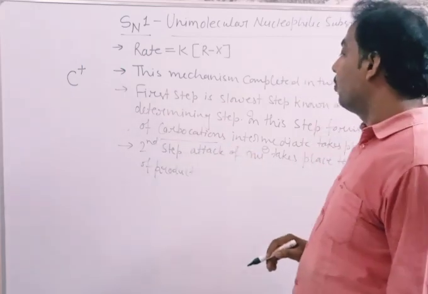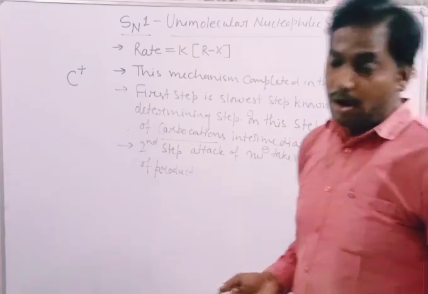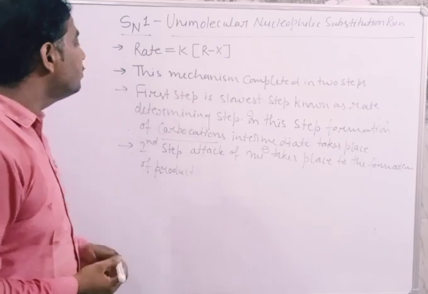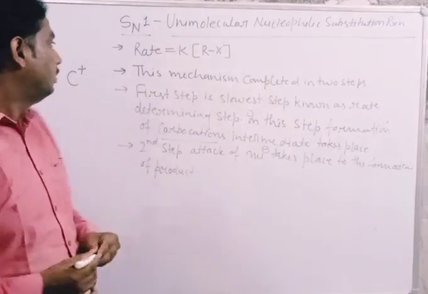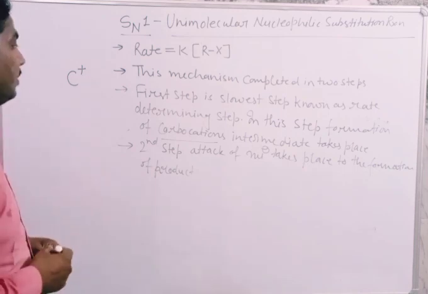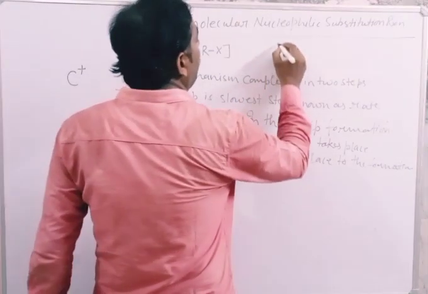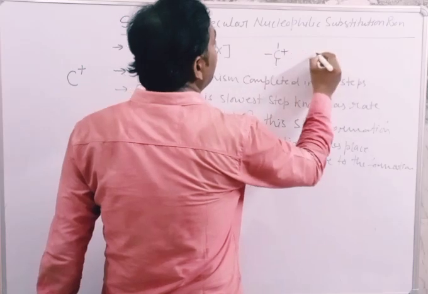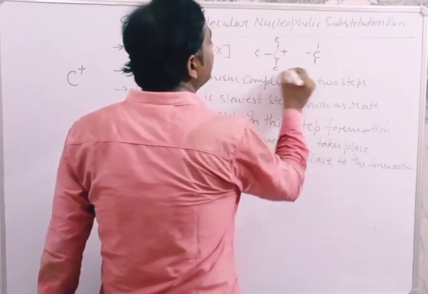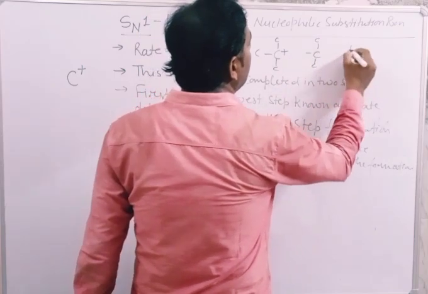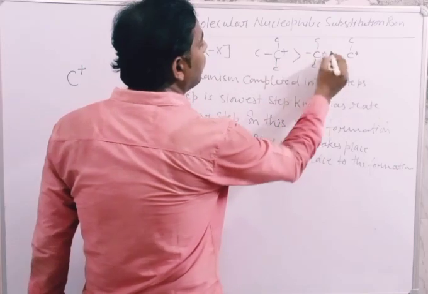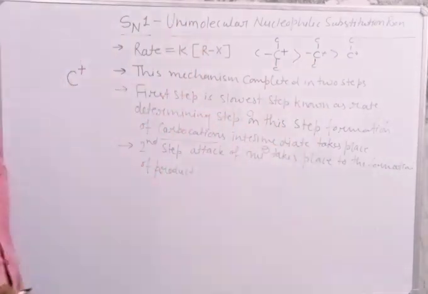Those molecules that form a stable carbocation are feasible for the SN1 mechanism. The tertiary carbocation is more stable than the secondary carbocation and the primary carbocation.